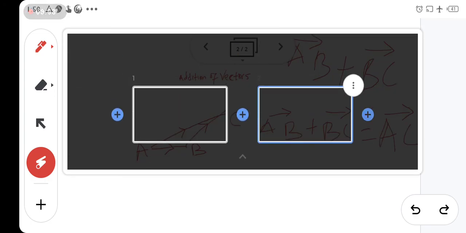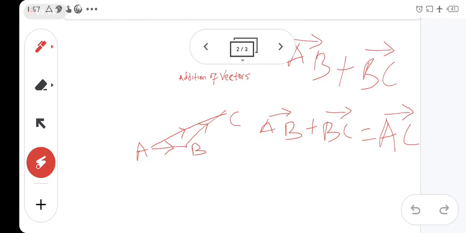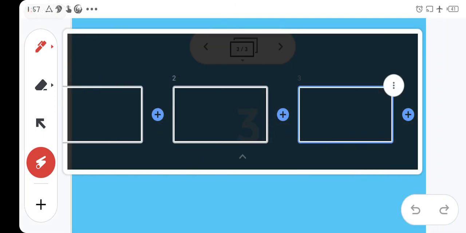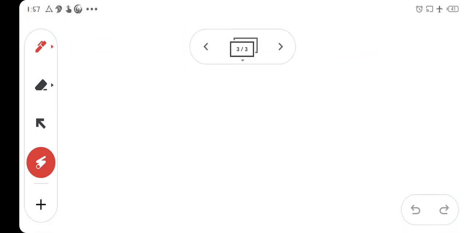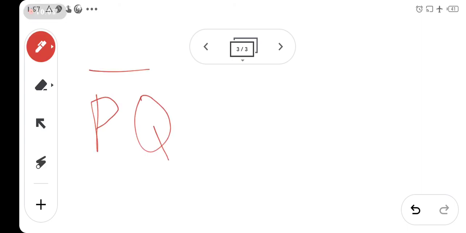Now let's try another one. So we have vector PQ plus QR.